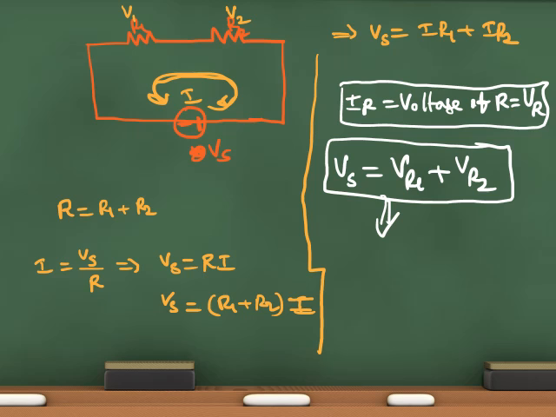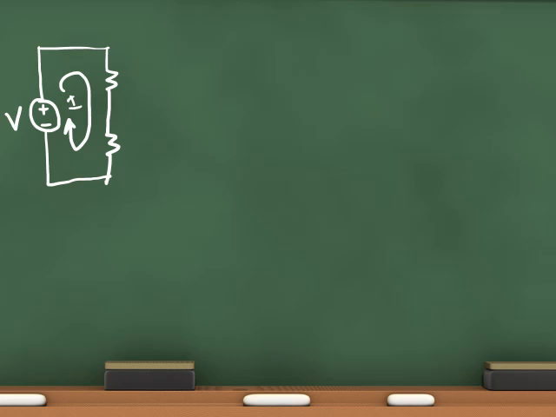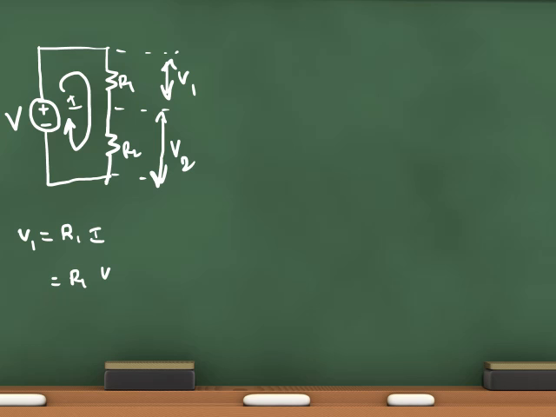From this we can define another very useful theorem, that is the voltage divider rule. Now observe this network. The current is the same, R1, R2, and these are the drops V2 and V1. We just derived that V1 equal to R1 into I. What about I? I equal to the source Vs divided by R1 plus R2.